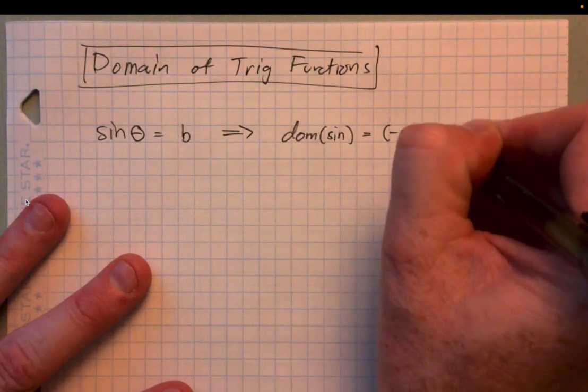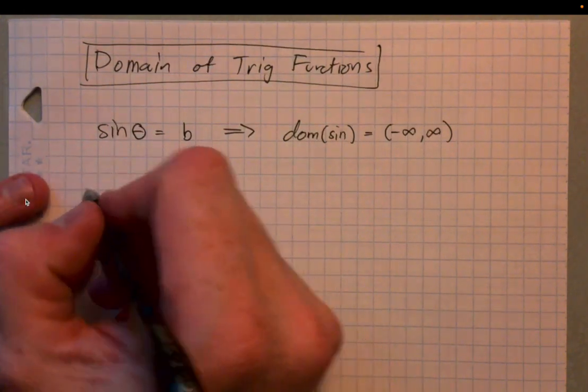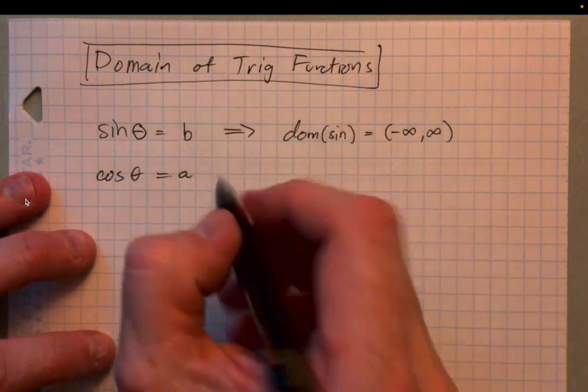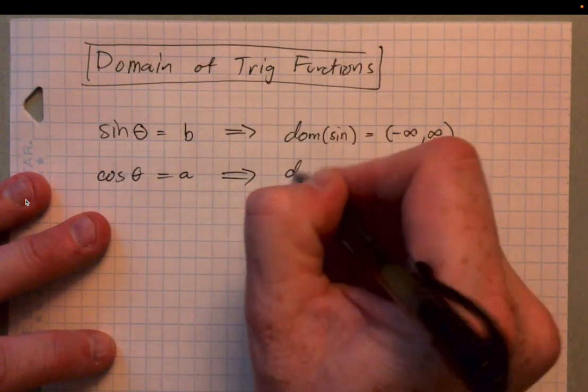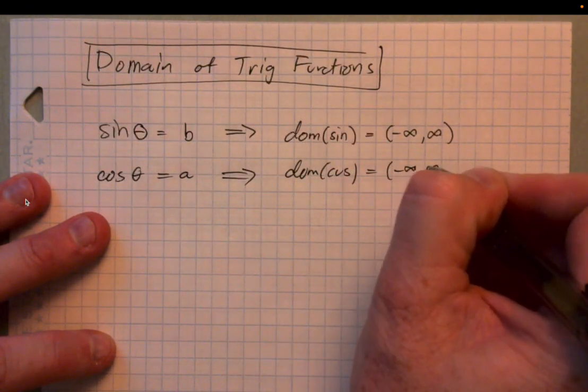You can plug any number you want into the sine function and it works out, as long as it's a real number. The same is actually true of the cosine. By definition, the cosine is just a, so I can plug in any angle I want. So the domain of the cosine is also all real numbers.